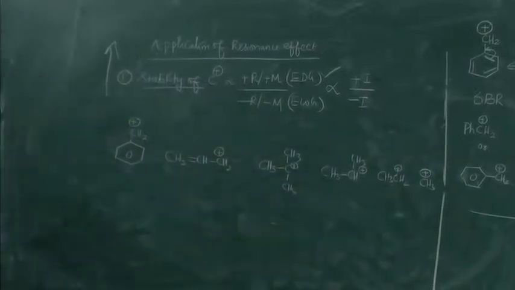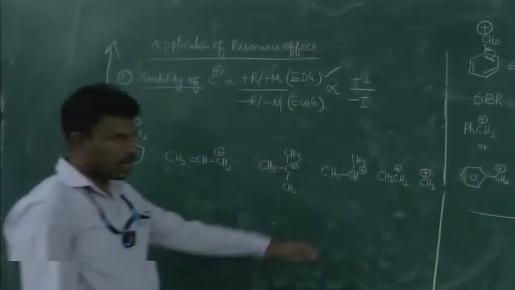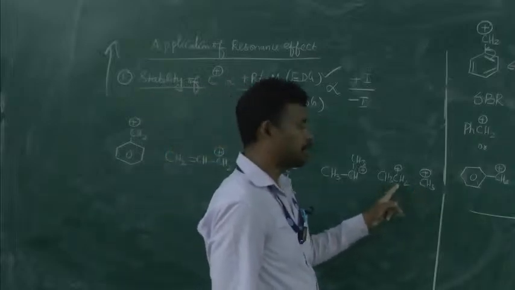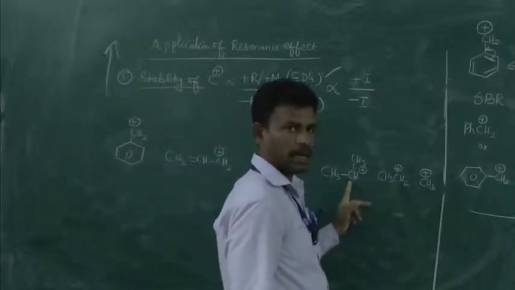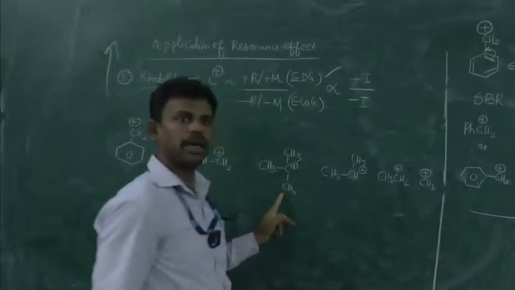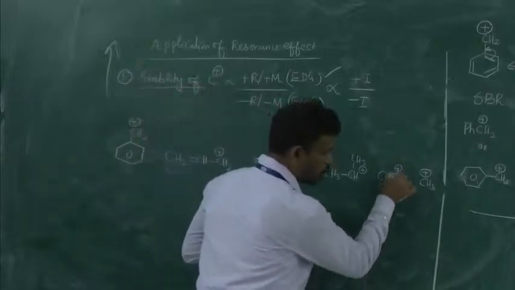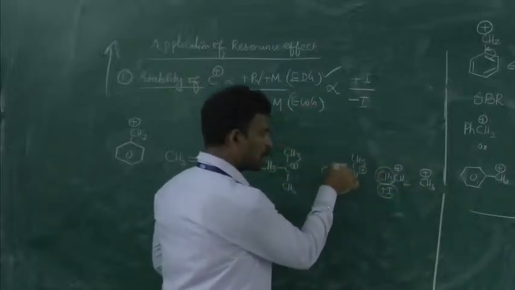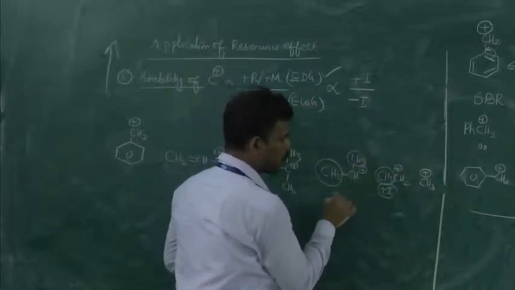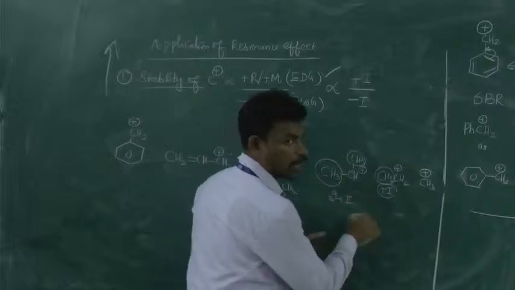This is the methyl carbocation, this is the primary carbocation, this is the secondary carbocation, this is the tertiary carbocation. Is this clear? Here there is one plus I group, one methyl group. Here there are 2 methyl groups, so 2 plus I groups.